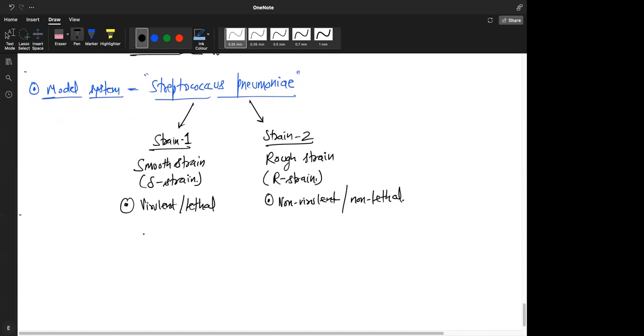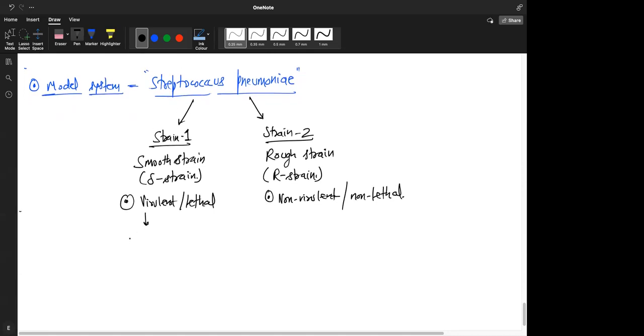And why is this strain deadly? Because it secretes a mucus coat around itself.